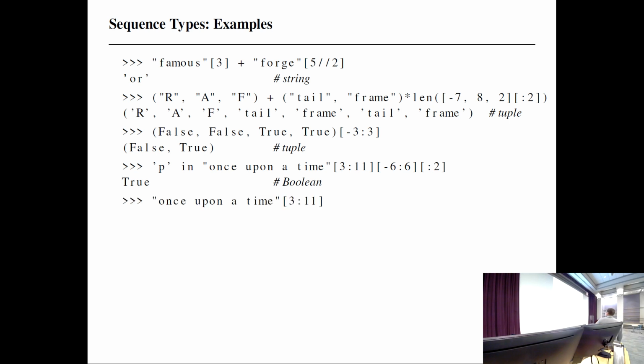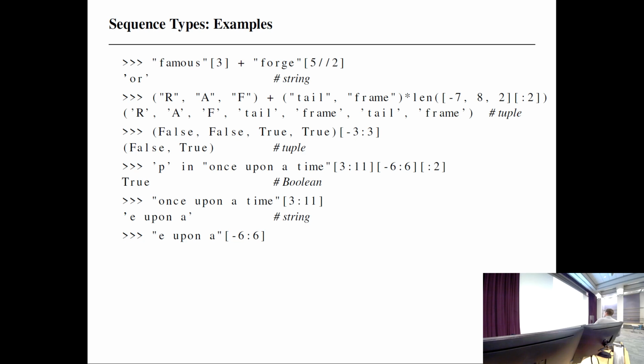How? Well, here we go. Once upon a time, from 3 to 11, 0, 1, 2, 3. So start on the E, 4, 5, 6, 7, 8, 9, 10. So between E and A. So that's a string. Now I'm going to go from minus 6 to 6. Minus 1, minus 2, minus 3, minus 4, minus 5, minus 6.